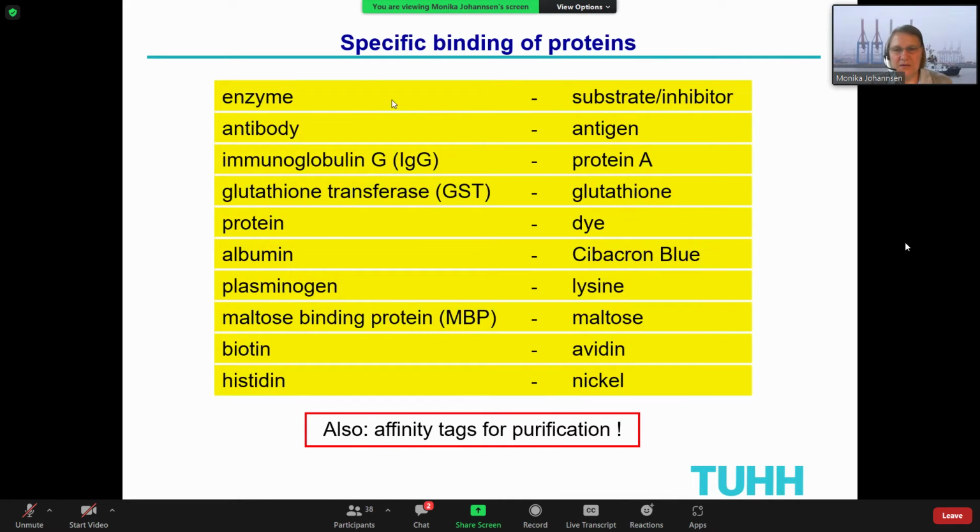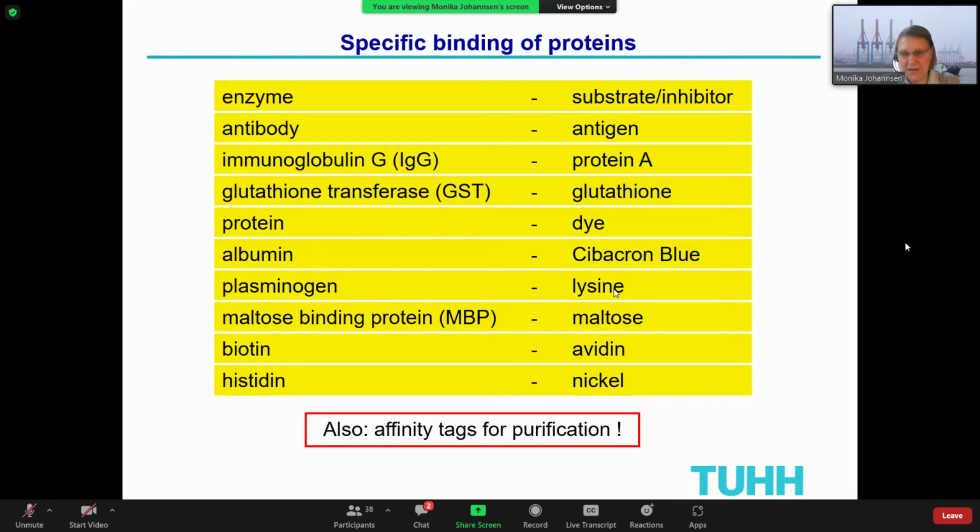So in this table you can see different combinations which could be used for the specific binding of proteins. For example, protein-dye is a very useful, often used method.